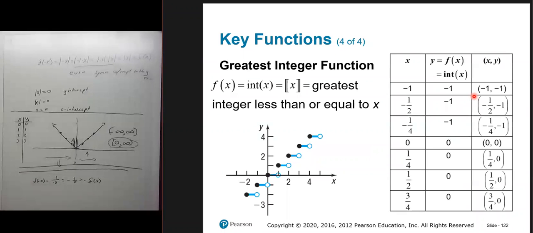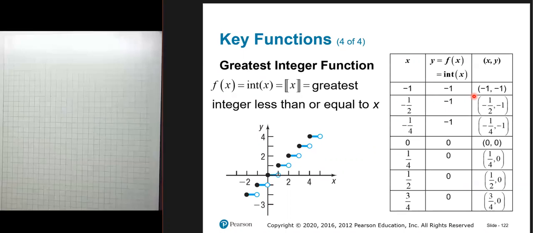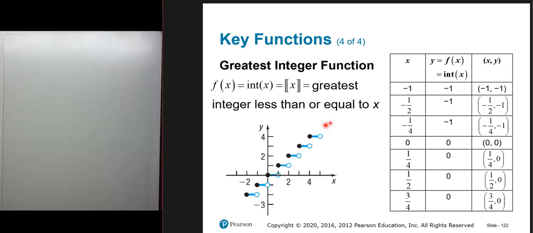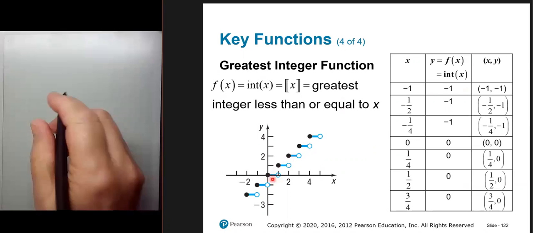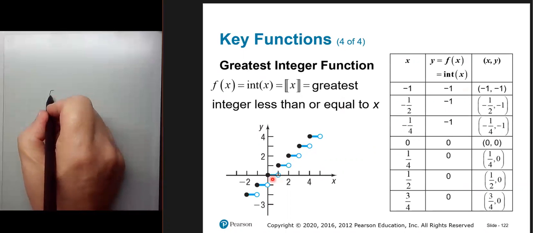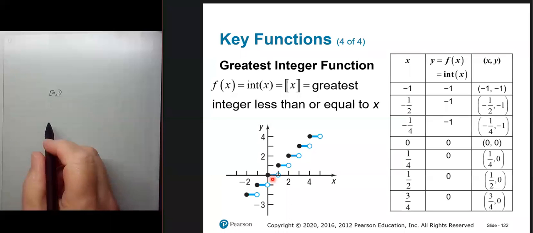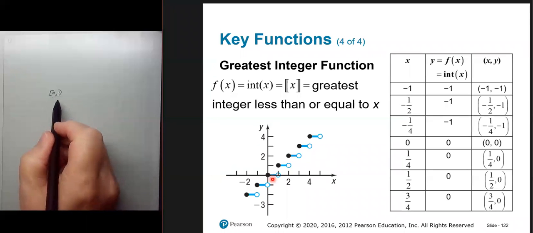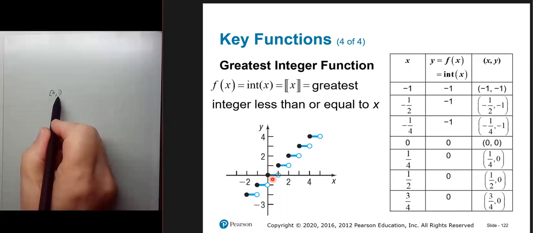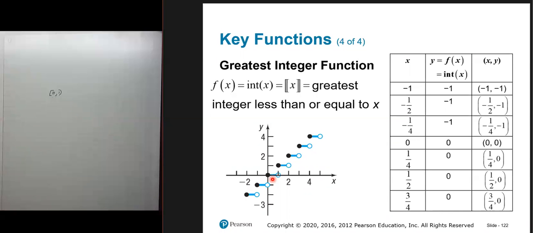The greatest integer function, which is a funky little function, has x-intercepts from 0 to 1, but it's closed at 0 and open at 1, because it can equal this endpoint, but it won't equal this endpoint on the x-axis.